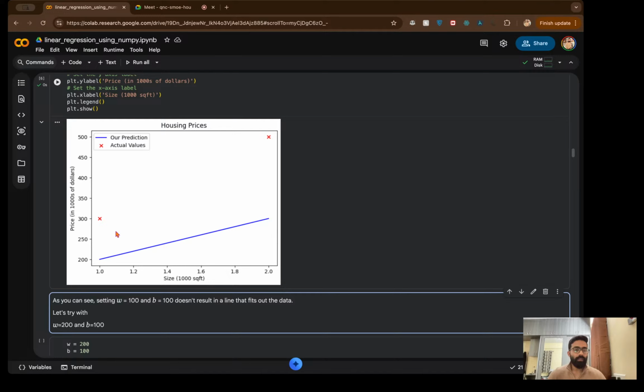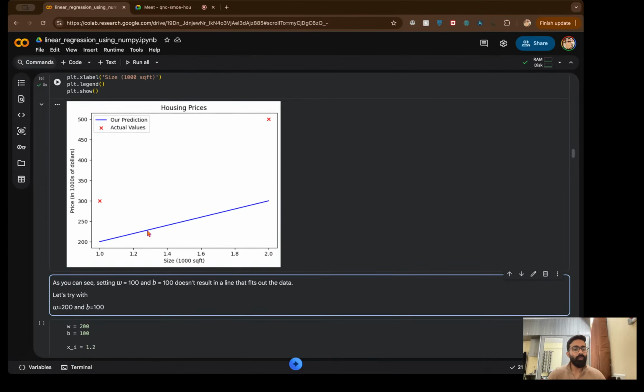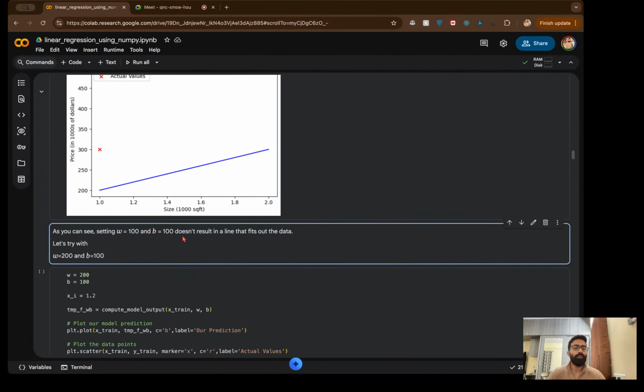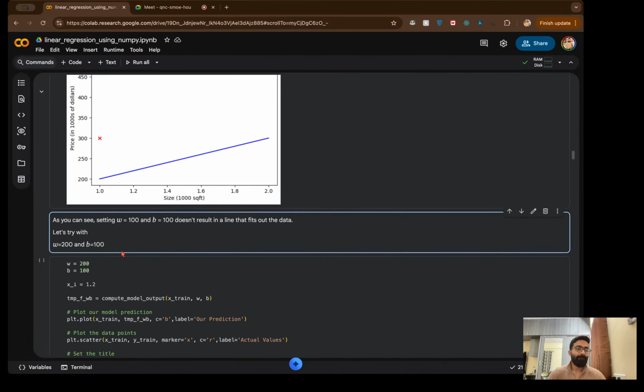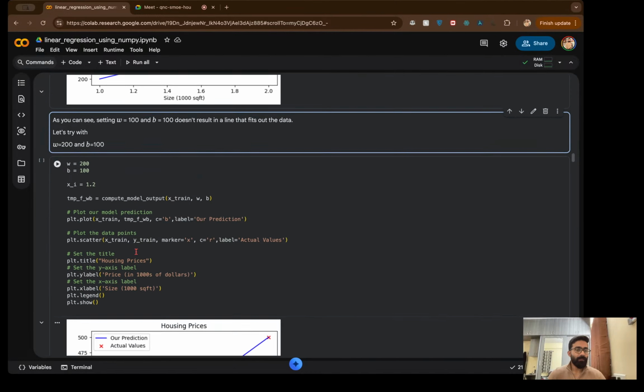Yes, correct. Because it is supposed to cross these data points, but it is way too far from the data points. So the model is inaccurate. What does it mean that the model is inaccurate? That w and b do not result in a straight line that fits our data.